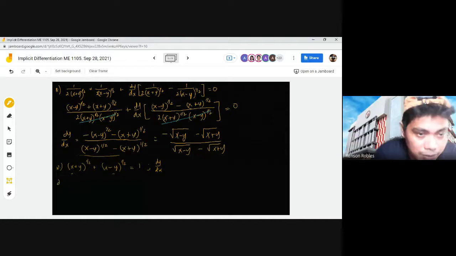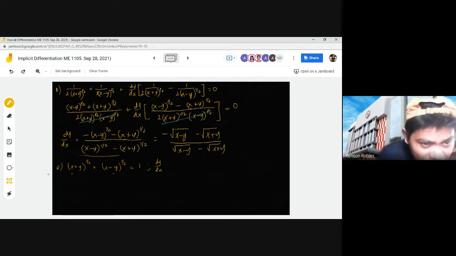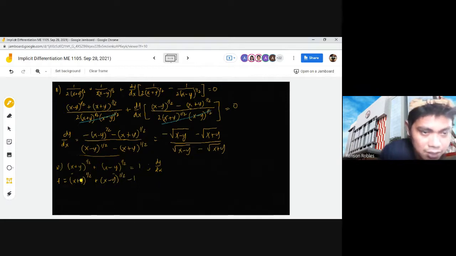So dy dx equals, sulat muna natin pala siya. As f equals x plus y raised to 1/2 plus x minus y raised to 1/2 minus 1. And then dy dx equals, okay?